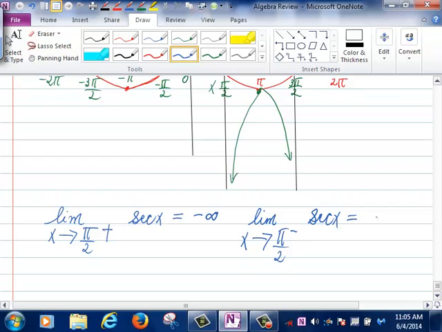That's positive infinity. And you can answer other questions as well. What's the limit of secant at pi? Negative 1, right?